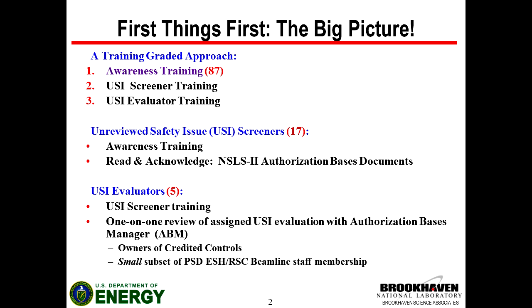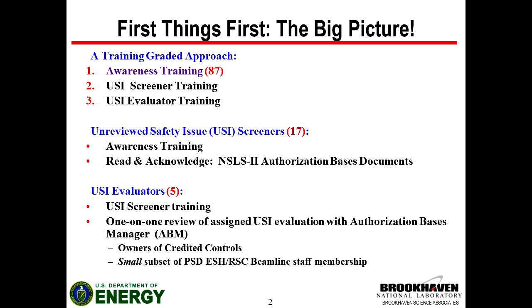If you were to get the screener training, and by the way, 17 people have gotten that training, you would of course already have the awareness training from this session, and then you would have to read and acknowledge the authorization basis documents, and then you'd be a screener. You could then go on to become an evaluator. Right now we have 5 evaluators. Of course, you'll be qualified as a screener.